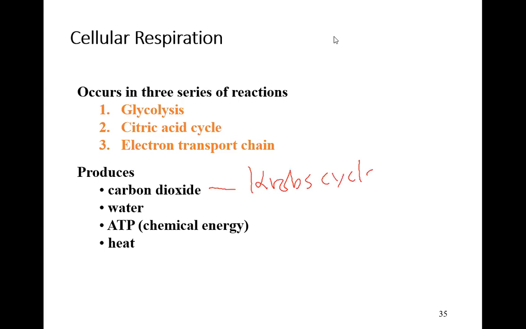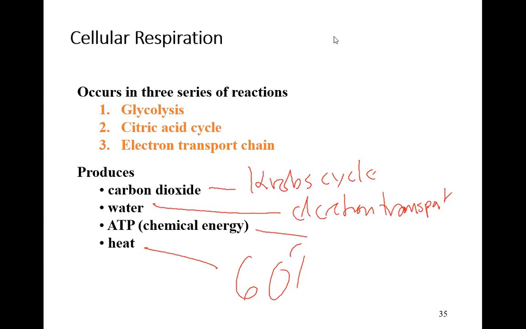It's the only place in our bodies where we generate carbon dioxide. Water comes from electron transport. ATP comes from all 3 of these, and heat, 60% of the energy available goes off as heat.